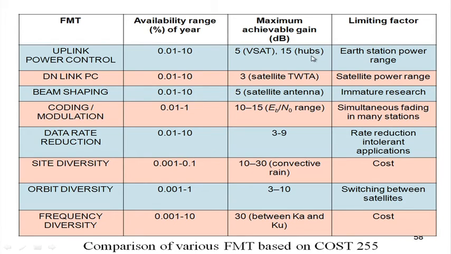Whereas at the hub, you have a large station and all the available resources for putting 10 times or 15 times more, or much larger than that, and this is in dB. So much larger, 17 times more amplifier capacity. That is uplink power control.